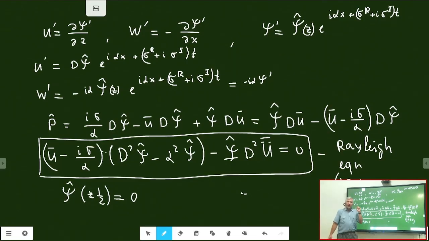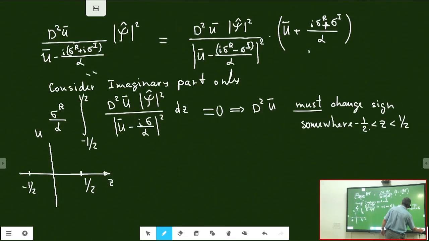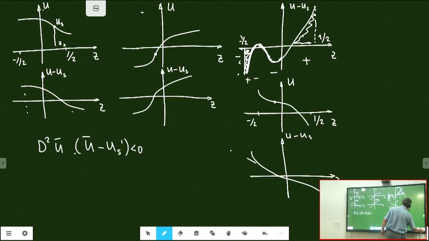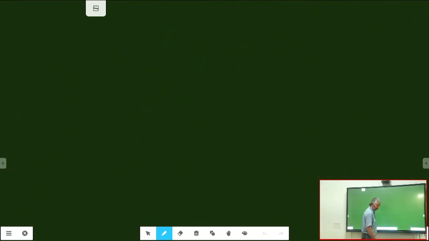But I will make your life a little bit harder by saying that I don't really have a purely linear profile, but I have a profile which looks like this. So I'll say, example.